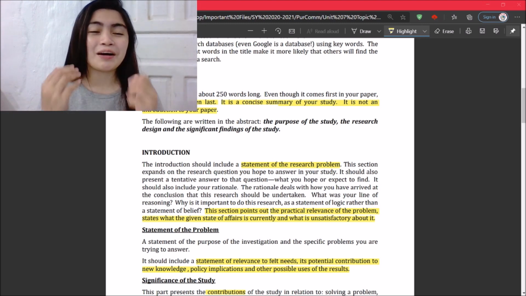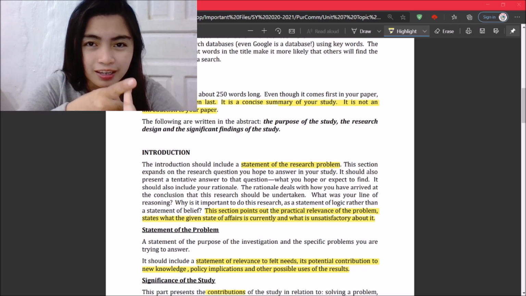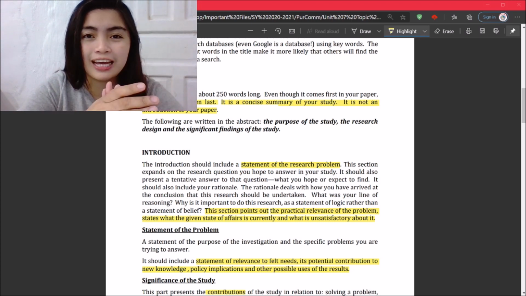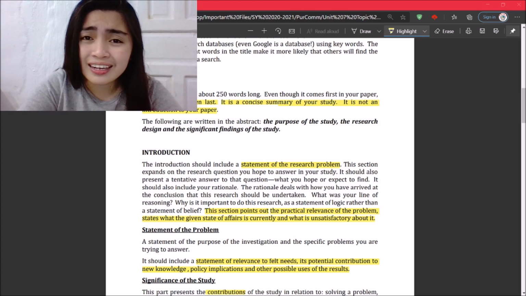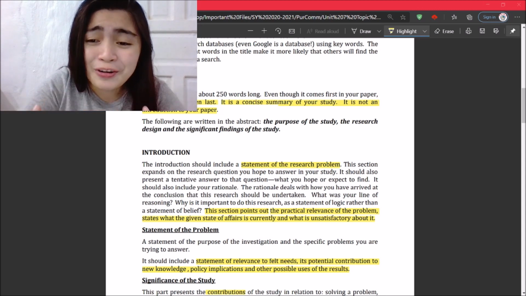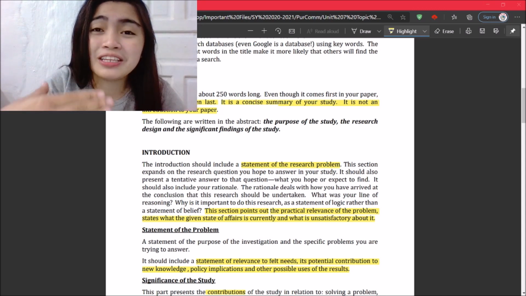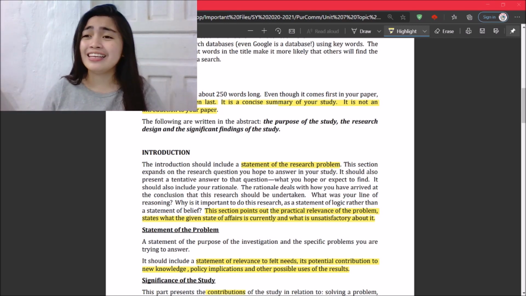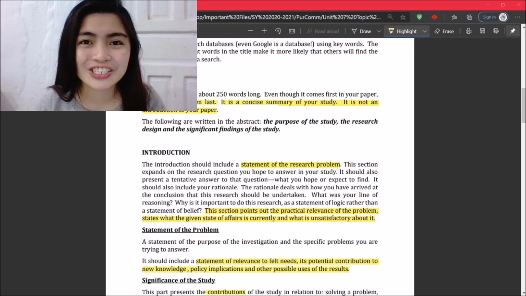Ibig sabihin, ang aming respondents ay AB English, BS Ed English, ICC, and MASCOM. 4 yan. Communication students. And yet, we have committed high magnitude of errors. So, how much more sa mga estudyante na hindi nagme-major sa English?